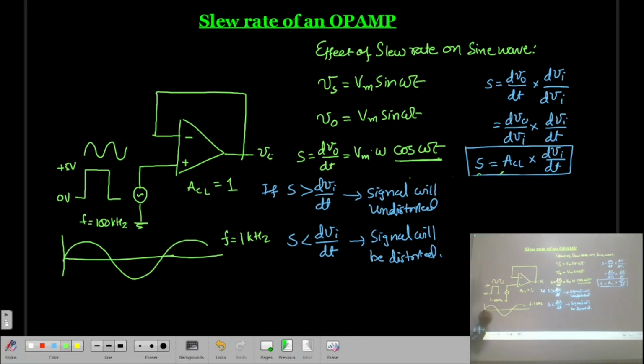Whatever the rate of change of the input voltage is, this is my input voltage, and if you find dVi by dt for this, it is very small. In this case, your input signal and the output signal will be almost identical if the ACL is equal to 1. So, dVi by dt is small. But if we have a higher frequency.